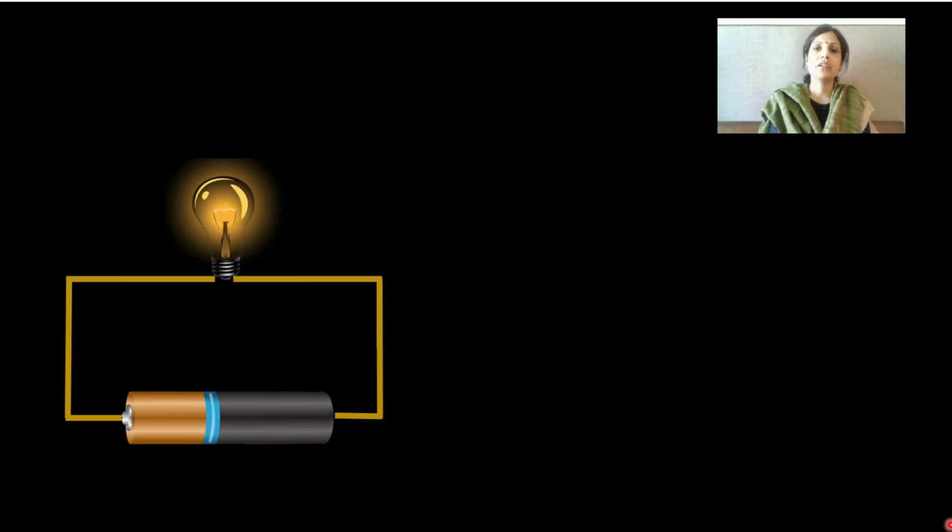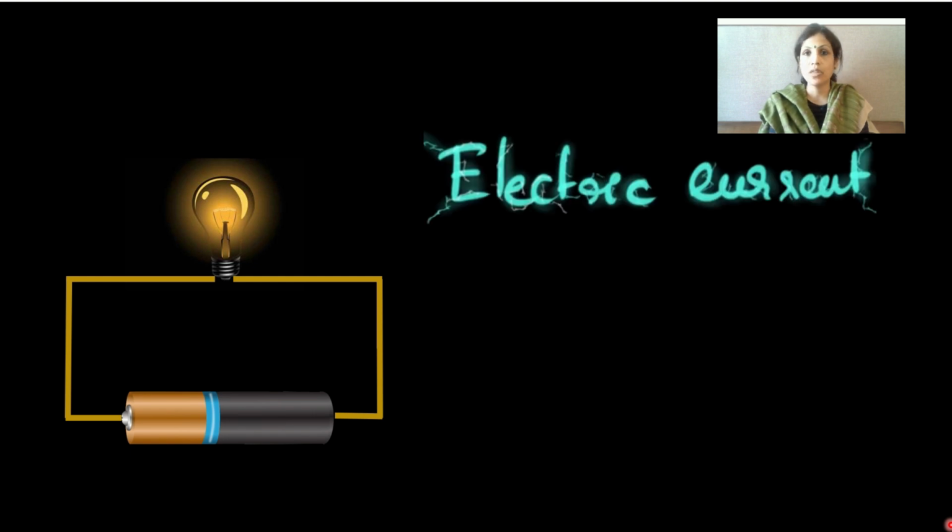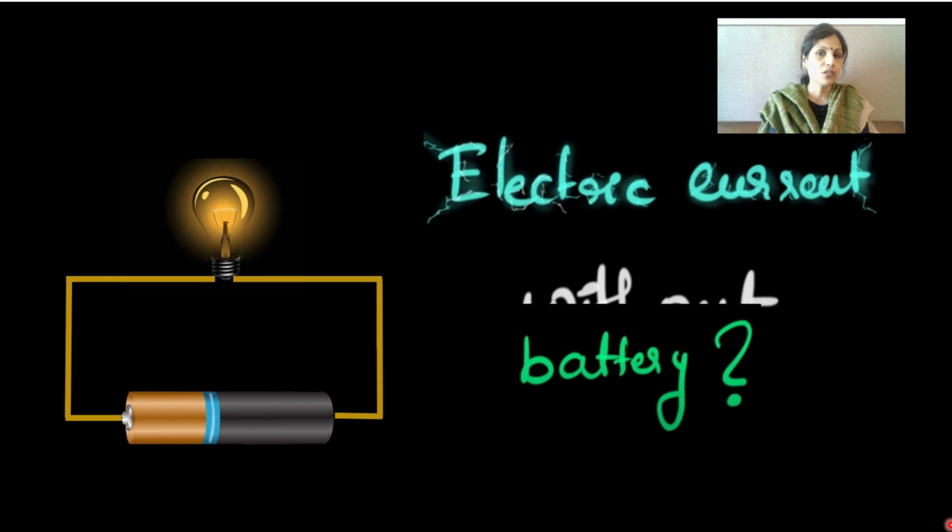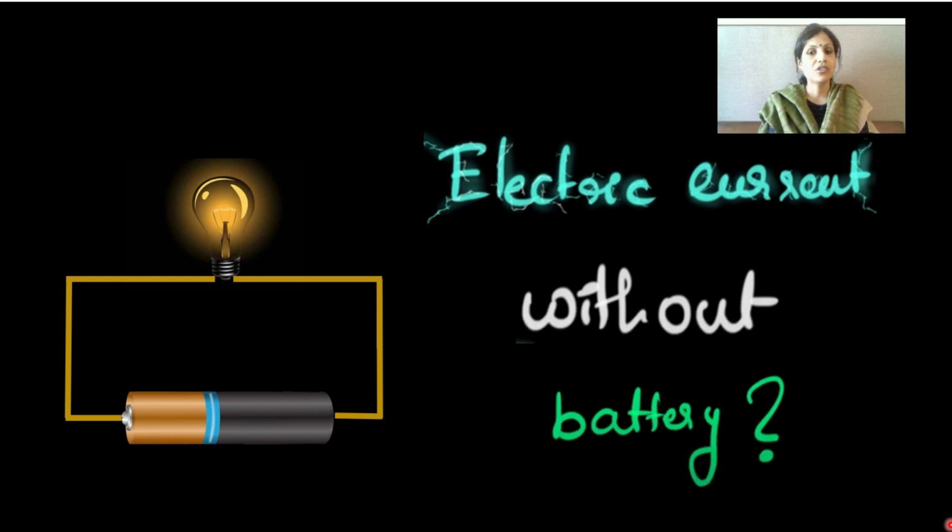So the question arises: can we generate electricity without batteries? Is it possible to generate electric current without batteries? So I guess the big question which we're now going to explore is, can we generate electricity without using batteries, without using chemicals? Let's see.